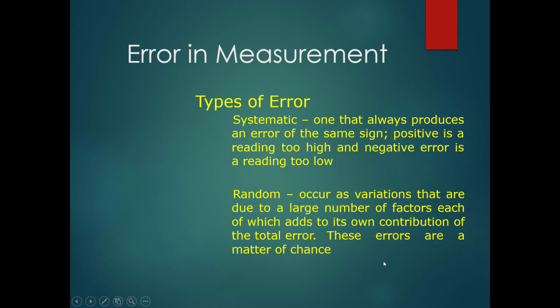There are large factors which contribute to such random error. These errors are a matter of chance, a matter of probability. So you cannot predict random error. Accordingly, you cannot correct random errors also. So if some errors occur due to systematic reason, that can be rectified. But if some error occurs due to random effect, that cannot be rectified, and this error will be accounted in measurement.